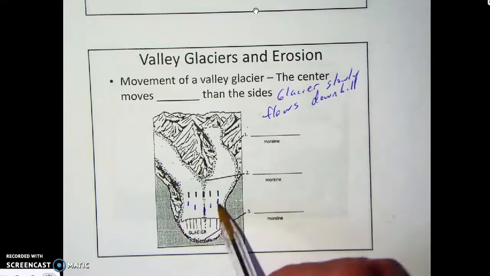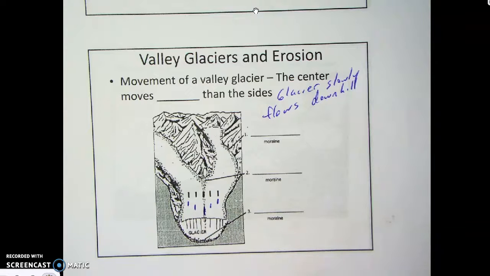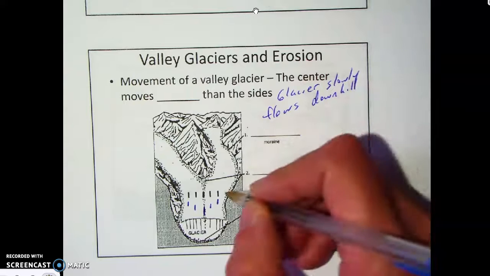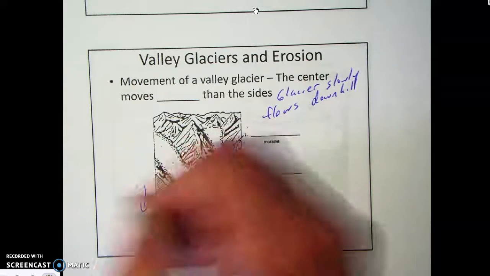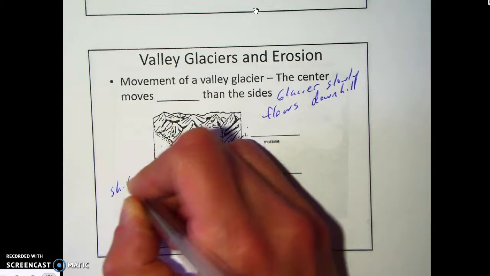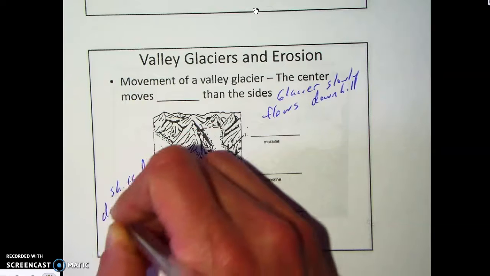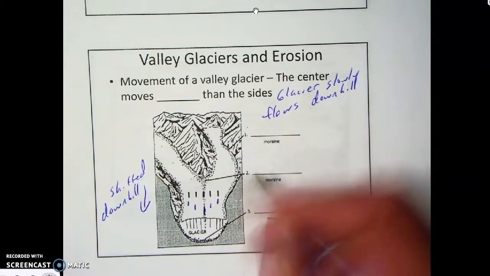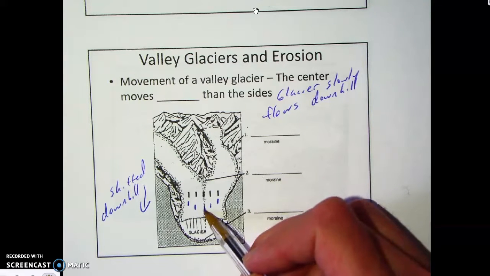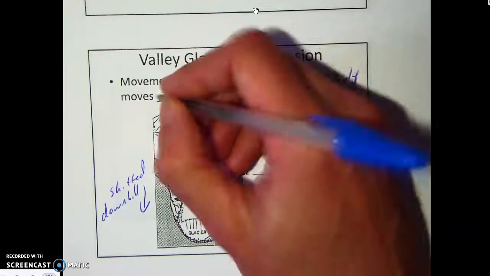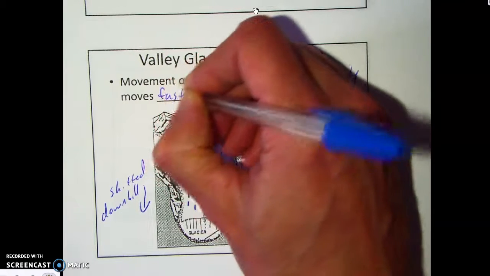They made this V-shaped pattern, right? And this indicates a few things. It means, well, for one thing, the glacier shifted downhill. But the fact that the center stick is the furthest away from where it started from indicates that the center moves faster than the sides.